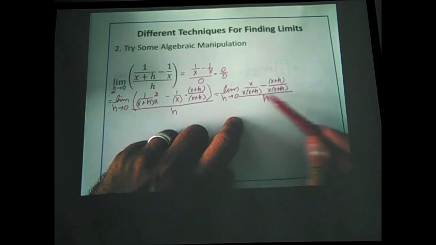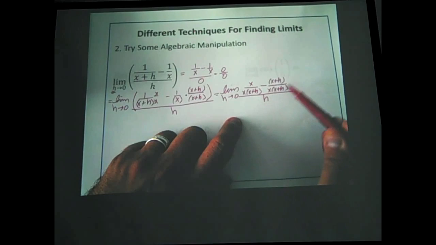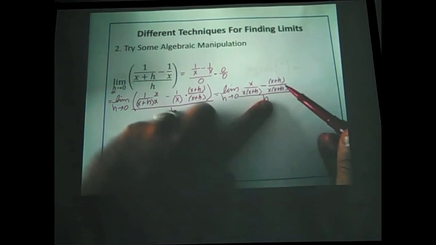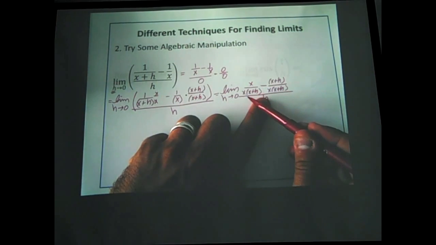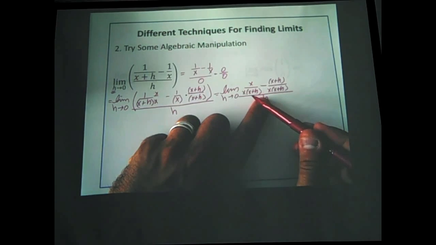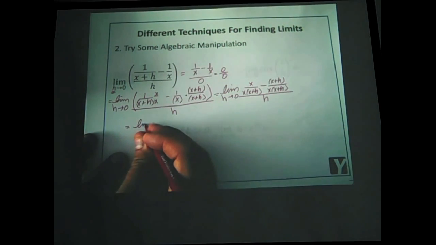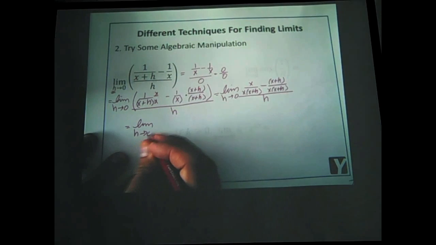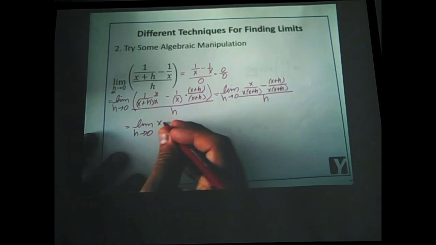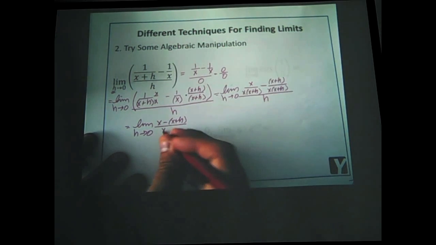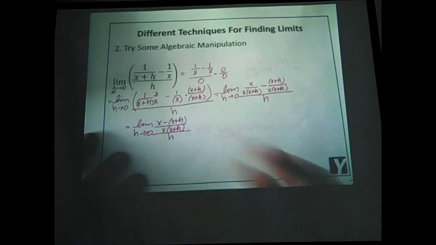Still focusing on the numerator of the big fraction. This is why we're doing all the work. We now have two fractions. They have the same denominators. In order to subtract them, we're going to subtract the numerators. We have the limit as h approaches 0, x minus x plus h, all of that divided by x times x plus h, and then divided by h.